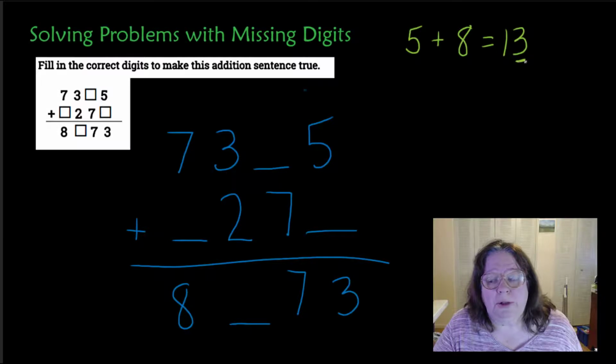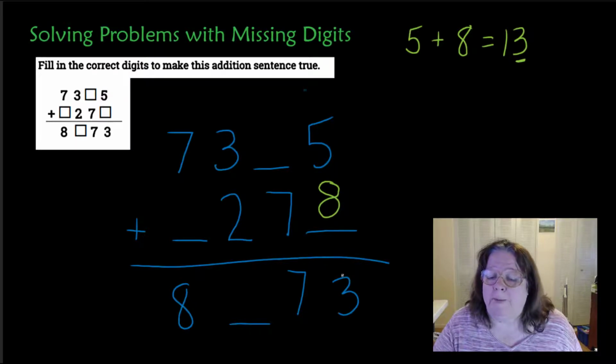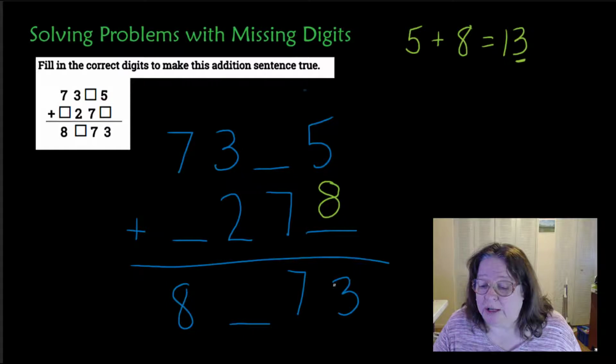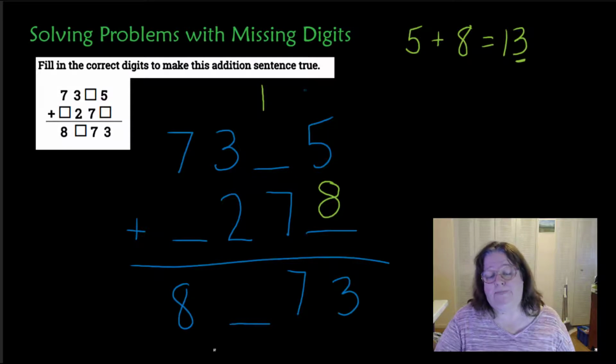Well, all we're concerned about right now is that 3 is in this place. And so we are going to put an 8 here. Just bear with me. We're using what we know to solve this problem. Now, 5 plus 8 isn't 3 though, it's 13. So we need to make sure we get this 1 in the tens column.